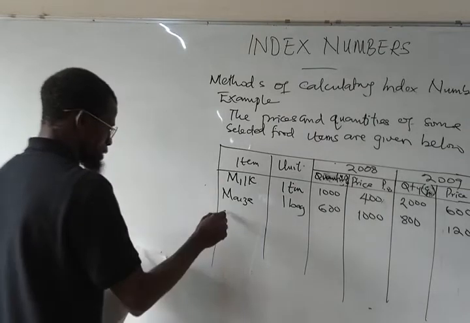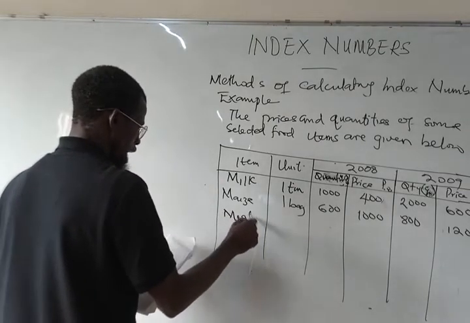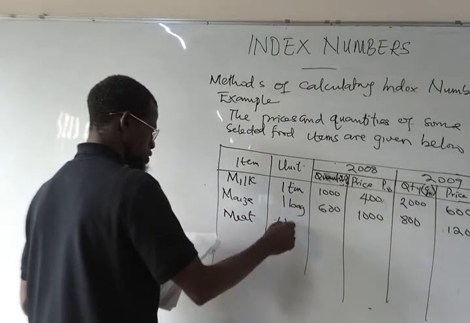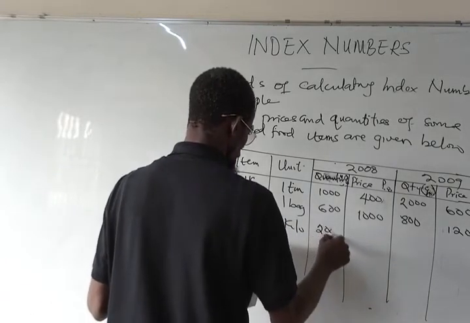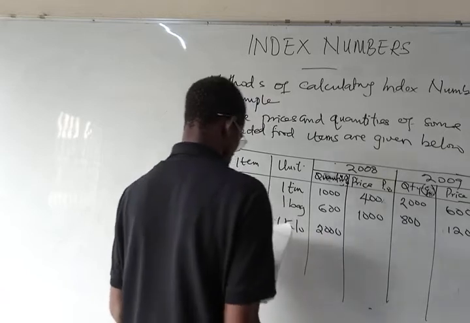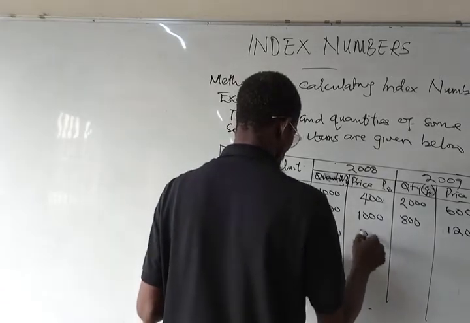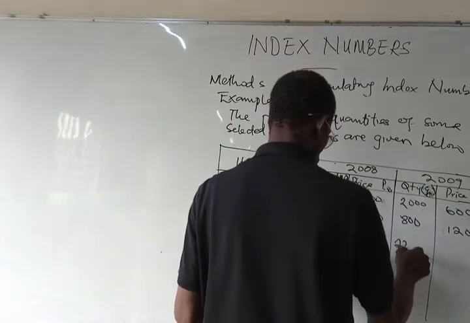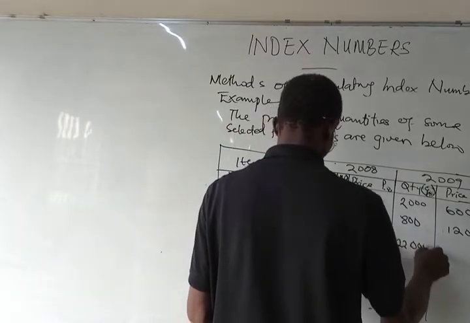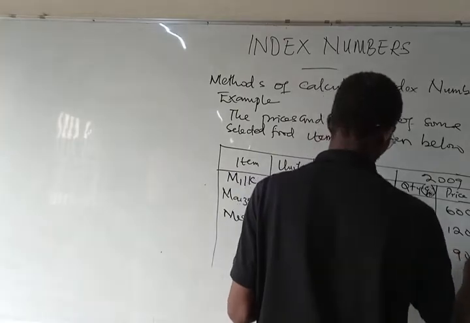Here we have meat, another item. We have one kilo of meat. The quantity is 2,000 kilo that the man bought, and it was sold at the rate of 800. Then he bought 2,200 kilo here, sold at the rate of this.